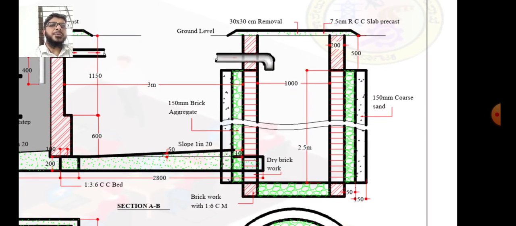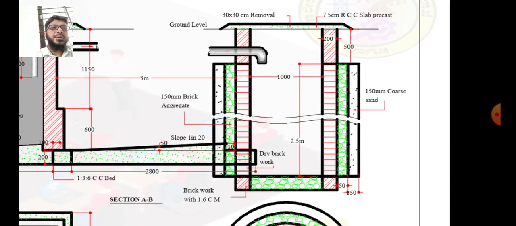Now we can see from this section total height of 2.5 meter, which is surrounded by brick aggregate and coarse sand. So inside layer is of dry brick work, which is 200 mm thick, that is up to the height of 2.5 meter. Then over that 0.5 meter wall, that is second class brickwork, you can say.